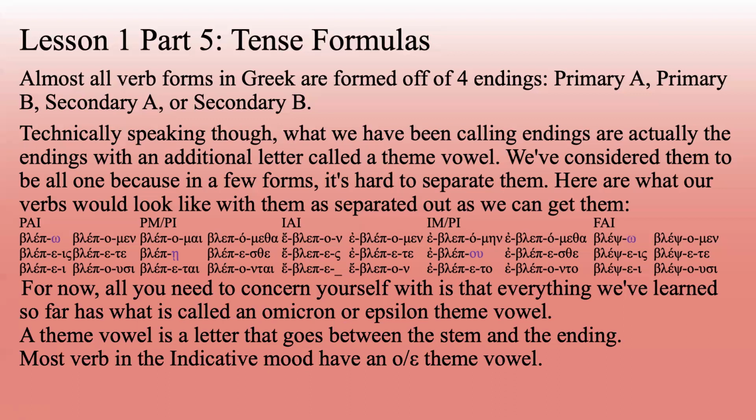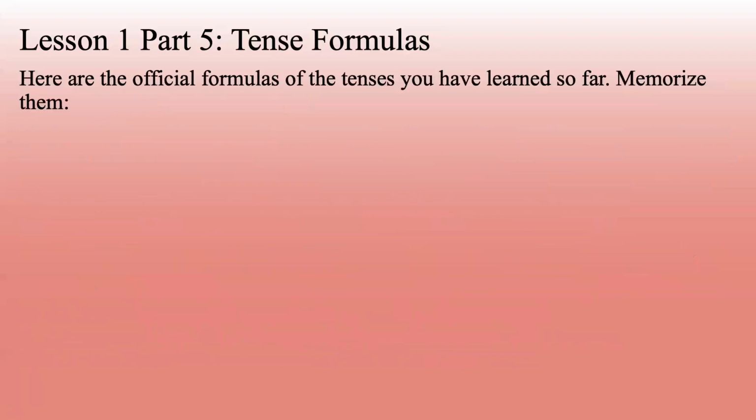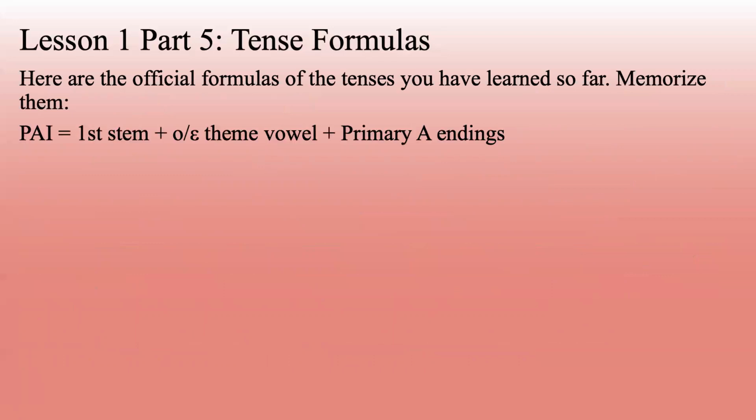Now, most verbs in the indicative mood have an omicron or epsilon theme vowel. That's extremely normal. That's the way that you can actually tell that it's indicative normally, is that it has an omicron or epsilon theme vowel. We'll have different theme vowels in the other moods. So here are the official formulas of the tenses you have learned so far, and you need to memorize them. Present active indicative is first stem plus an omicron or epsilon theme vowel plus primary A endings.